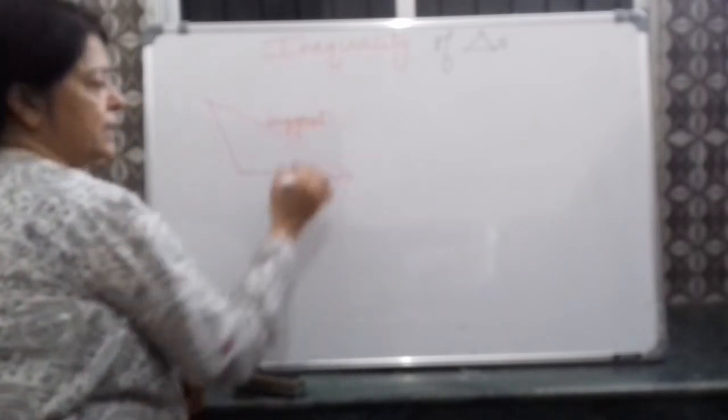The inequality property says that if there is a triangle and if there is a biggest side in a triangle, okay, if I call this as the biggest side of the triangle, then the angle opposite to it will always be the biggest angle.